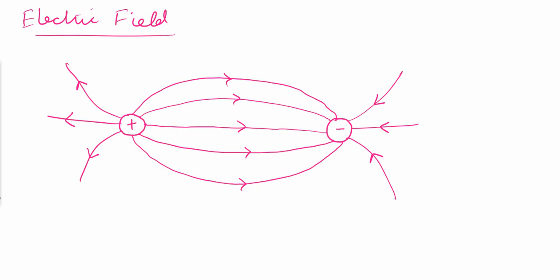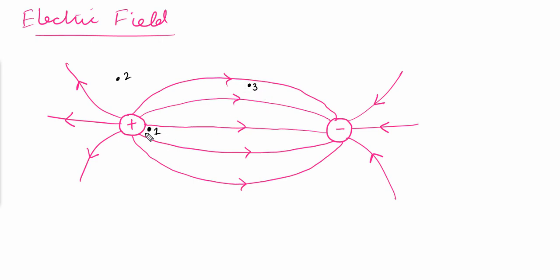Now let me consider some points where I'll compare the electric force that will be exerted on some charge. So for example, this is position 1, this is position 2, and over here I have position 3.